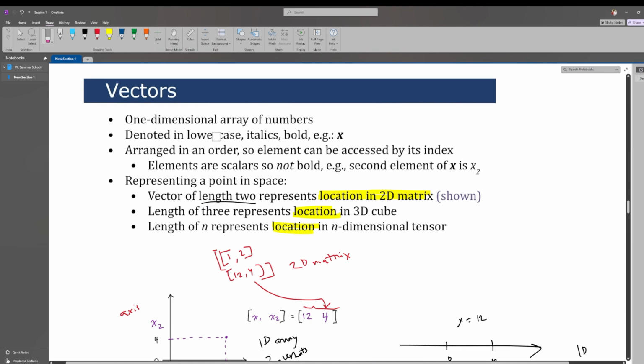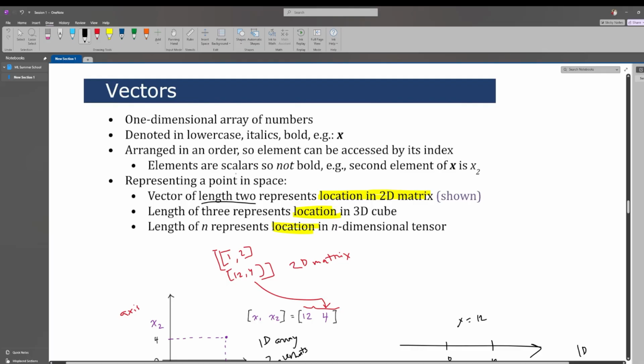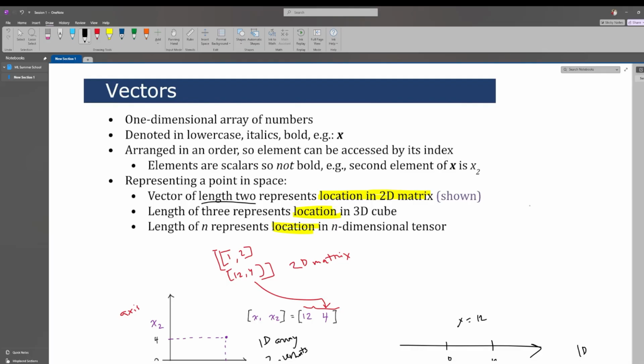Now, as I mentioned, vectors are basically a one-dimensional array of numbers. How is it one-dimensional? We have x and we have y. In general, the vector, the one-dimensional array of numbers, is some sort of x and y.